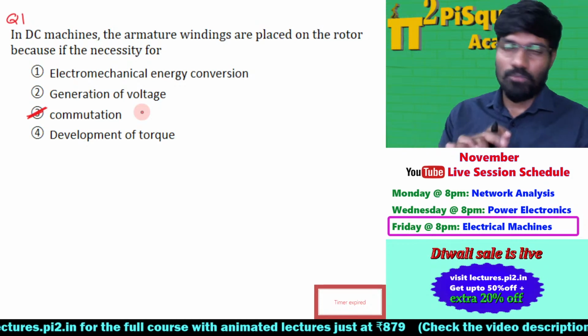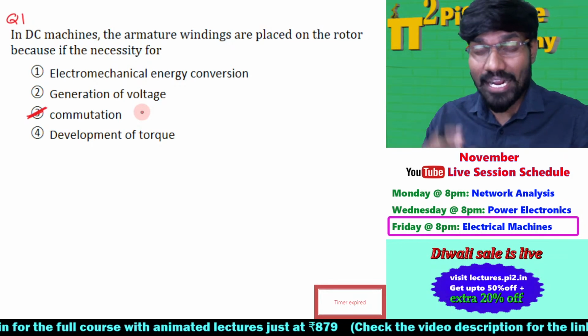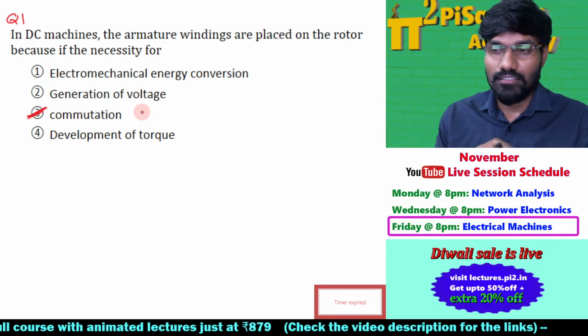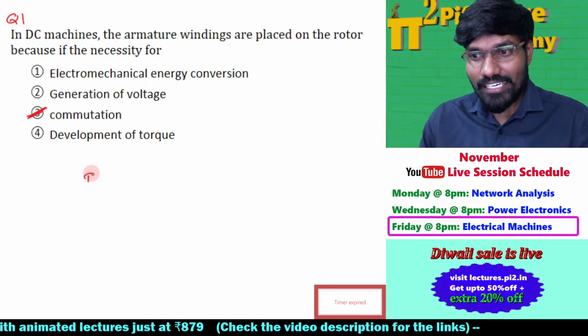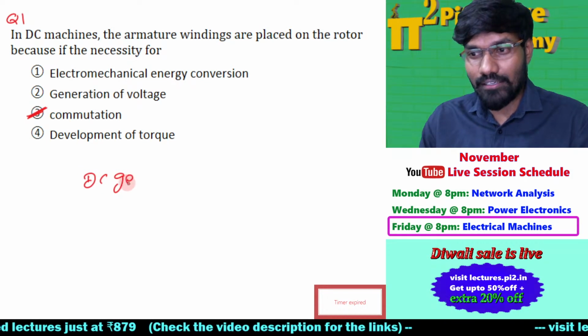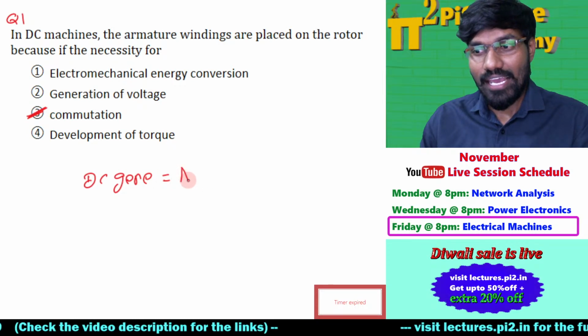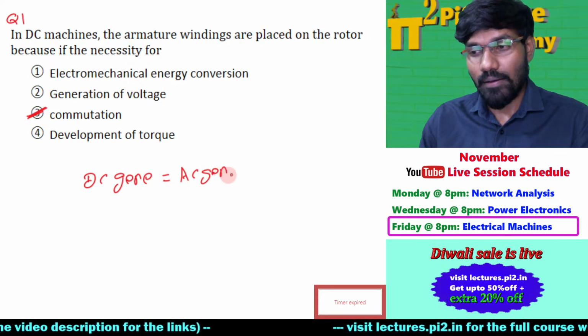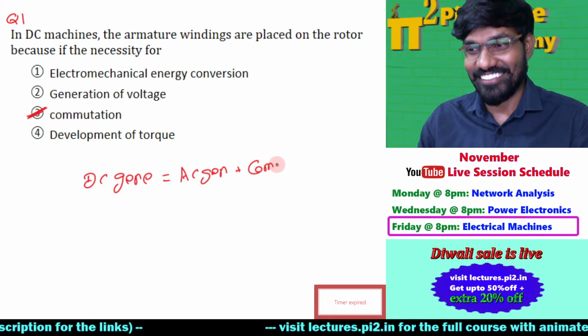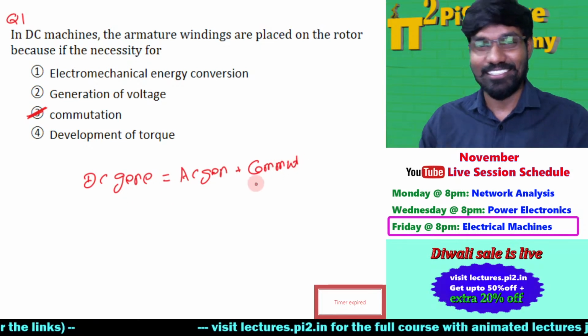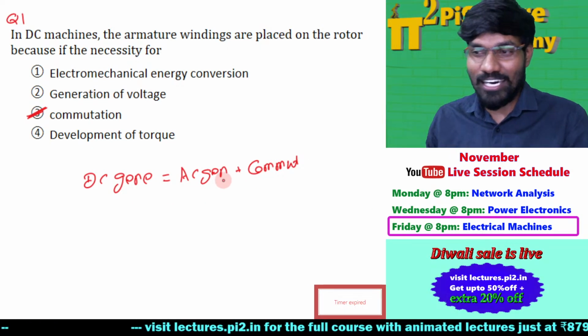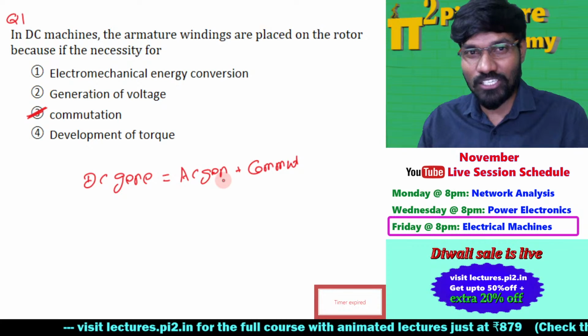Commutator, tell me about the commutator. A commutator is a mechanical converter. I would like to say a DC generator is equal to an AC generator plus a commutator. You add a commutator to an AC generator and you will get a DC generator.